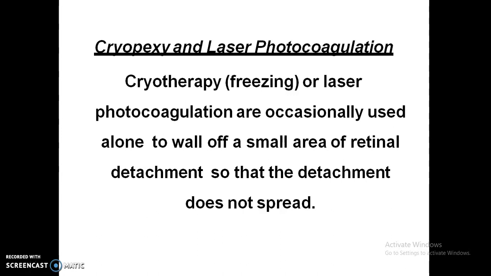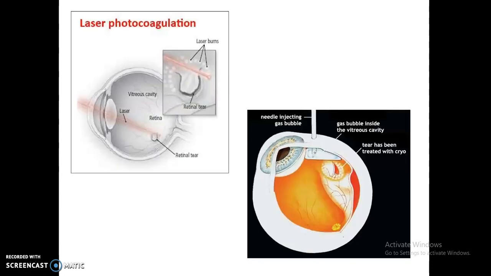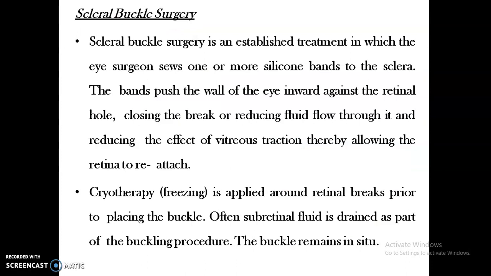Once there is a small retinal detachment, we focus on the particular tear, and by using laser energy we correct the specific problem, which helps avoid the spread of the detachment. We use light rays to do the laser therapy.